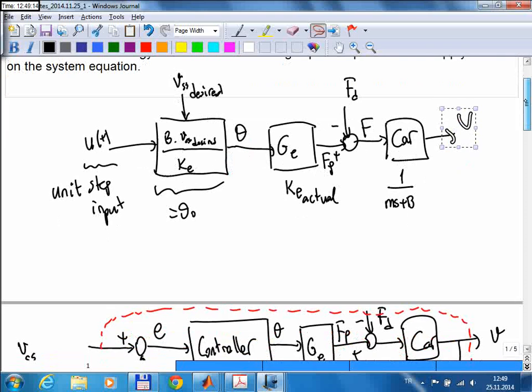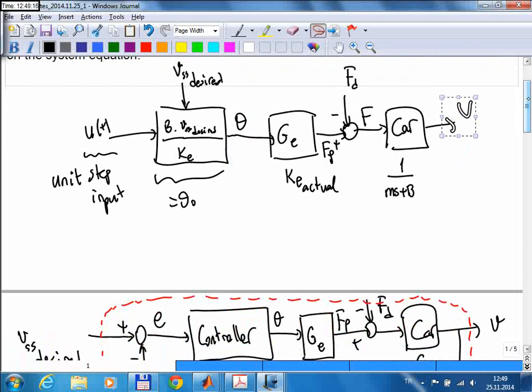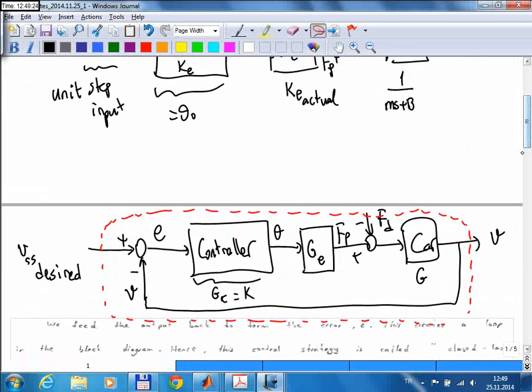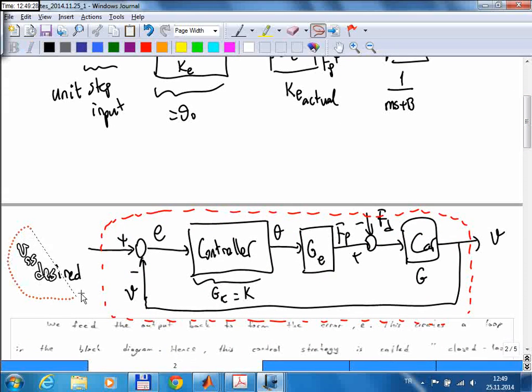Okay, so to be able to do that, we make a control loop, a controller, or a block diagram, I should say. We should use a block diagram that looks like this. Okay, so this is our target speed, and we should compare the real speed of the car with this target speed by taking the difference.